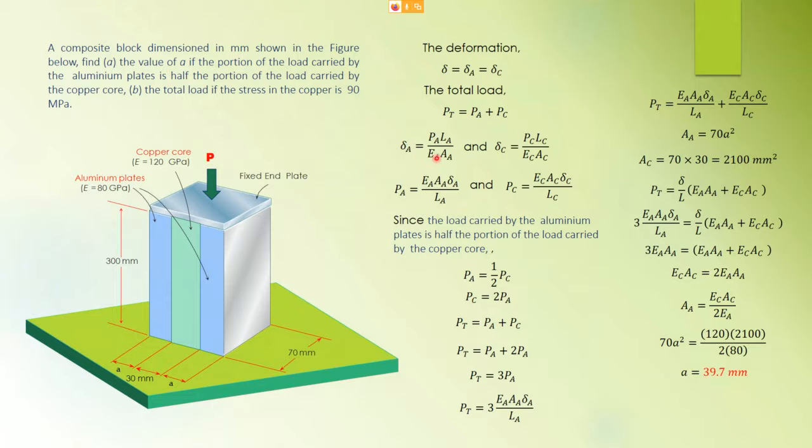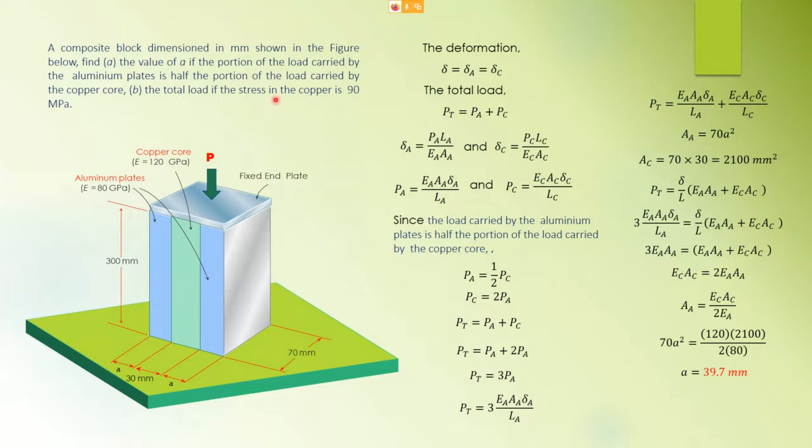That means from this formula, manipulating this, changing this to be the subject, you have this. Taking P_C to be the subject, manipulating this, you have this. Okay? Now, since the load carried by the aluminum plates is half the portion of the load carried by the copper core, so this is the copper, these are the aluminium plates. So you can write here P_A equals half P_C.